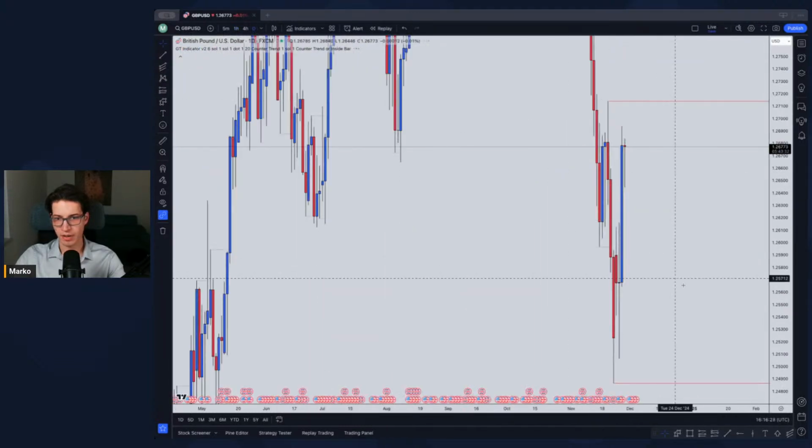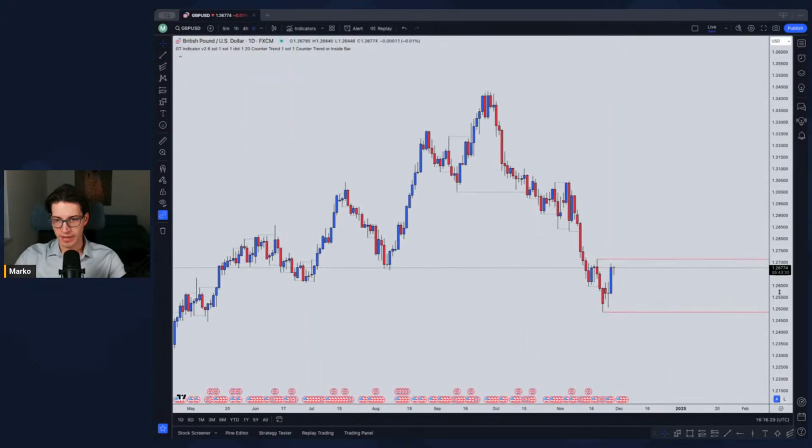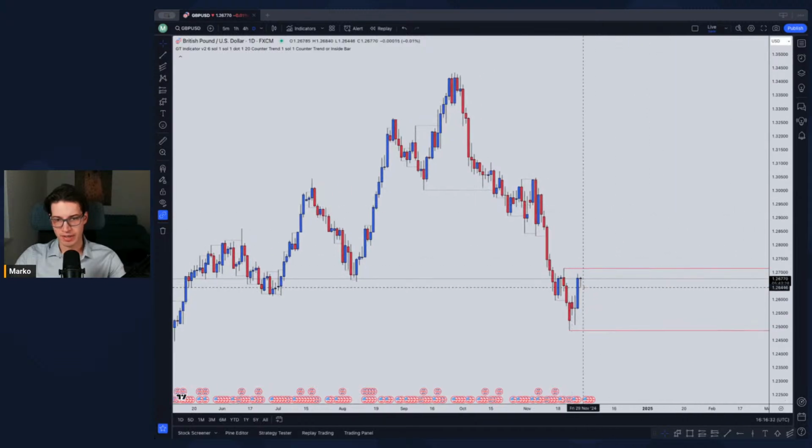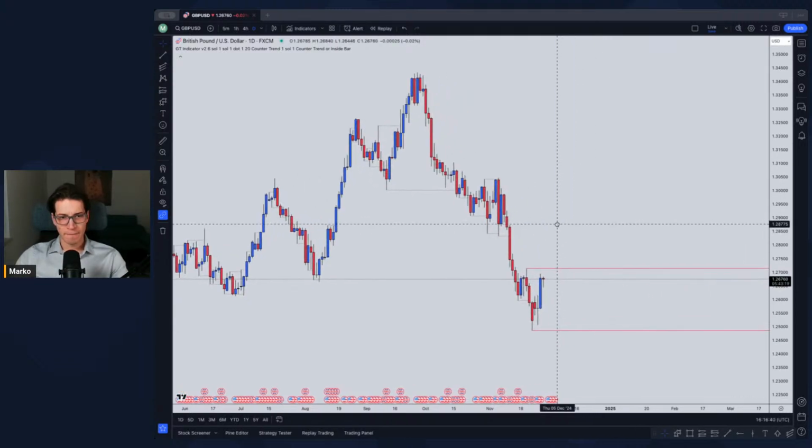Pound US dollar. The daily is still in a downtrend, starting to see a bit of bullish momentum printing. So definitely starting to see a bit of bullish momentum printing in this candle. But overall move is down.